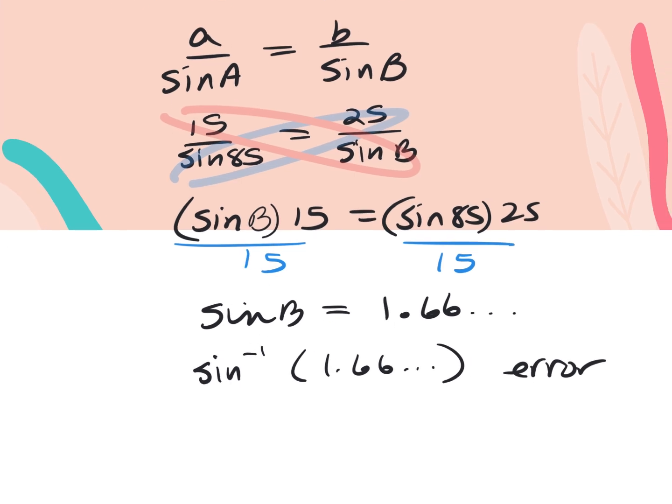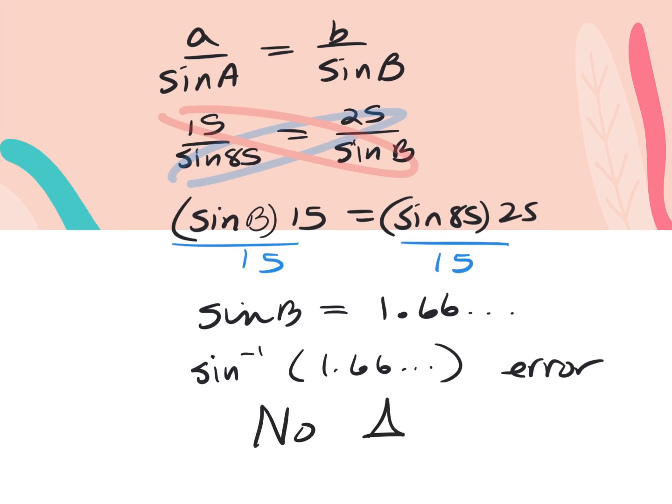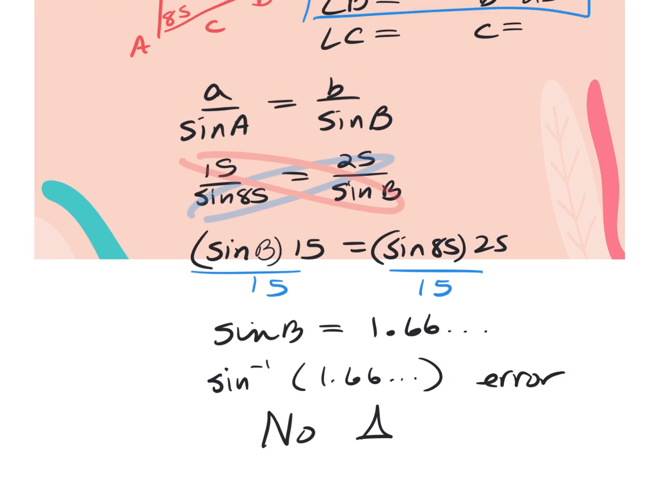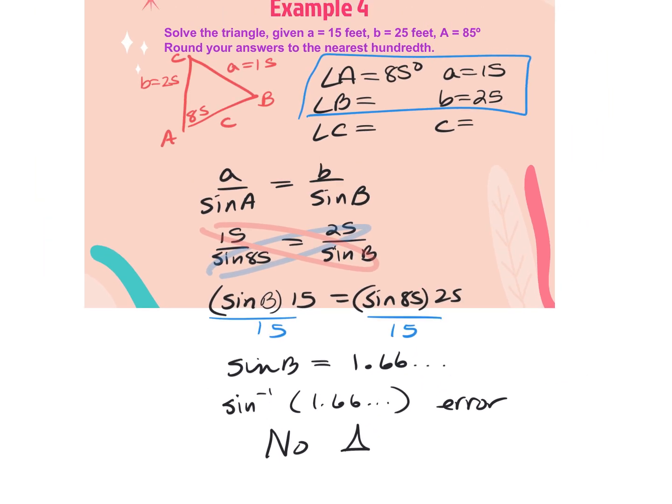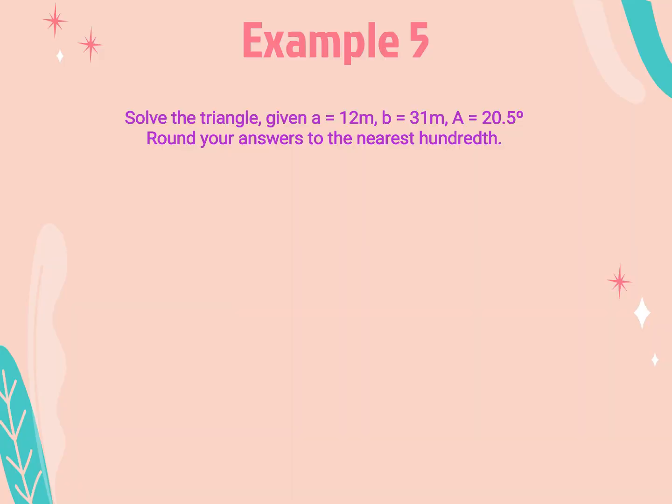So this means no triangle can be formed with that given information. So as soon as you try to find that first missing angle, you get error on your calculator, you stop and say no triangle. All right, so for the second triangle, what we're going to do is still the same thing.